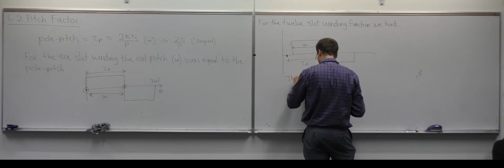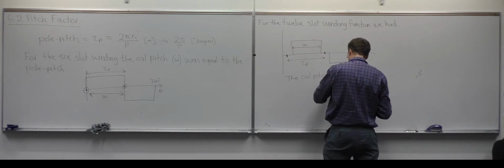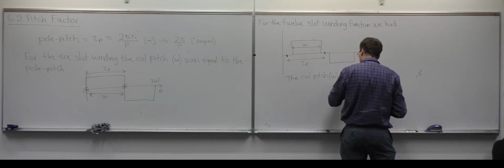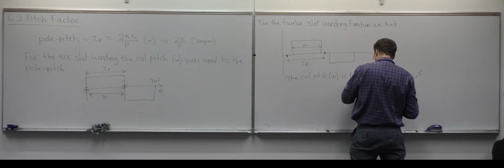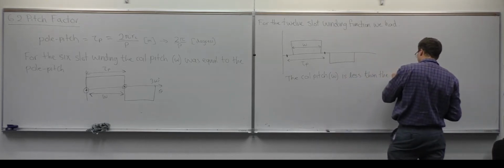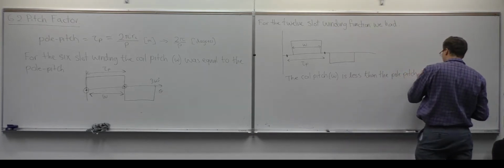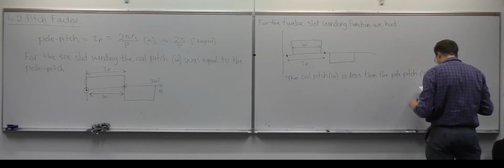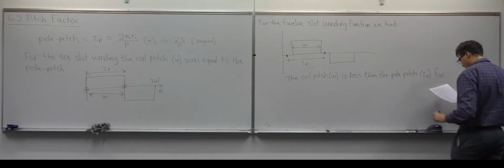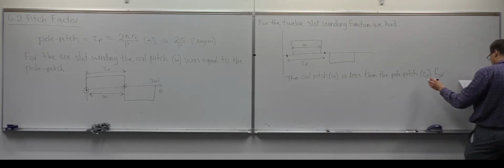The coil pitch W is less than the pole pitch TP. And this was the case for the 12 slot design.